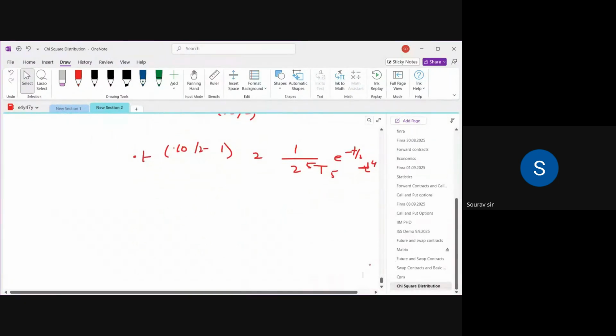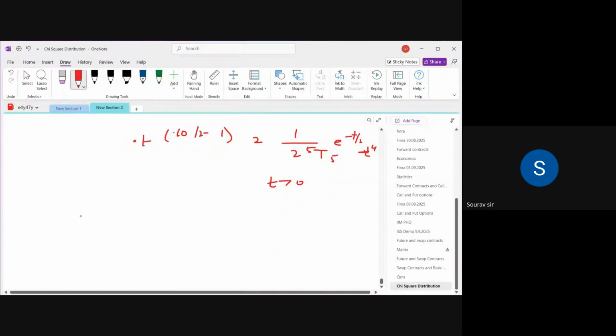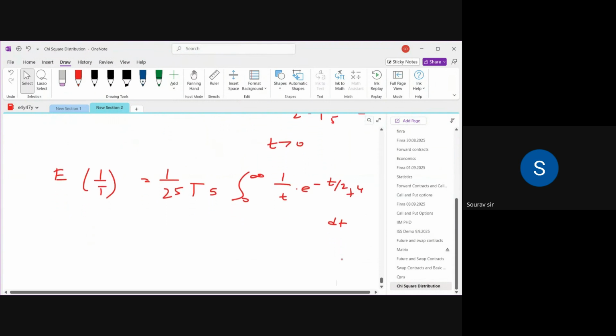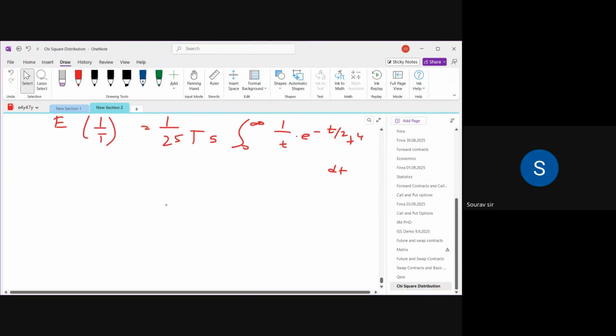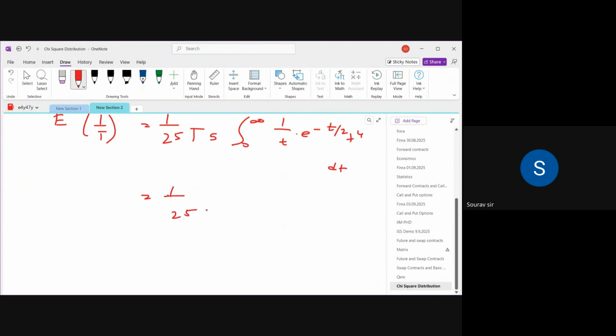So the expectation of 1 by T is 1 by 2 to the power 5 gamma 5, integral from 0 to infinity of 1 by t, e to the power minus t by 2, t to the power 4 dt. That is equal to 1 by 2 to the power 5 gamma 5, integral from 0 to infinity of e to the power minus t by 2, t cube dt.